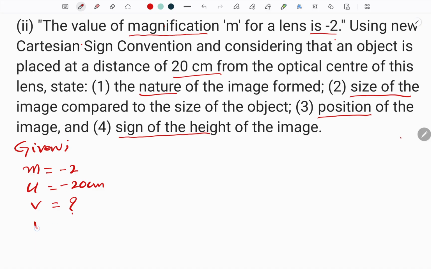Now let us write the magnification formula. Magnification is given as minus, so what kind of lens do you feel this is? This lens is concave. Let's find out with the answer.